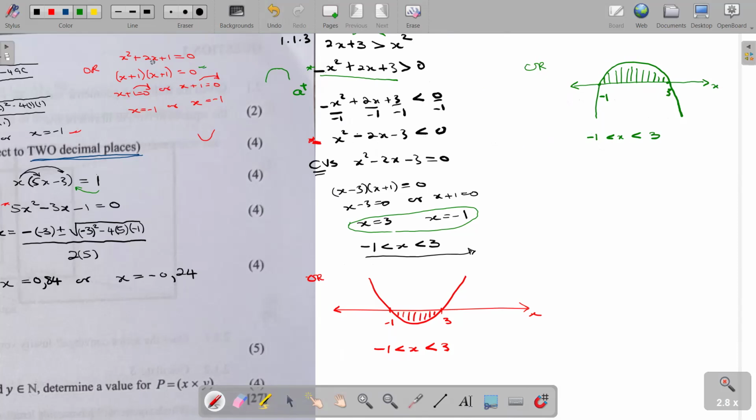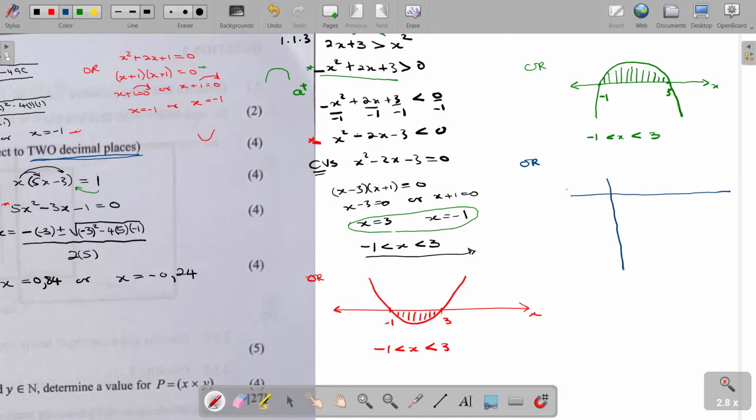Then lastly, it was possible that, apart from using just inspection or using the graph, you can use the table. Take note, once you get the critical values, we go to our table. We have -1, so we want the values which are less than -1.